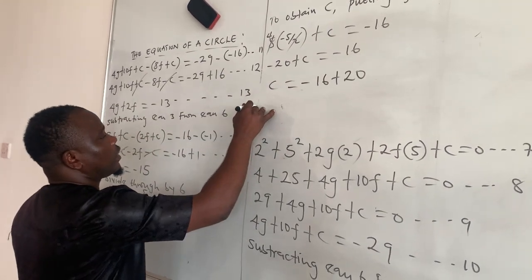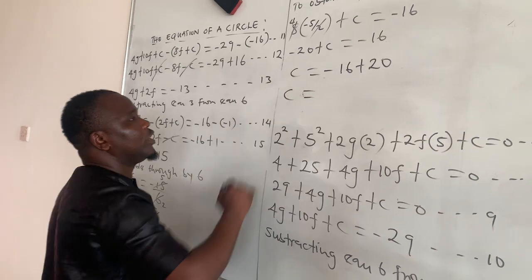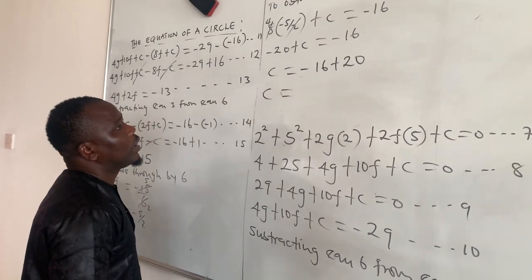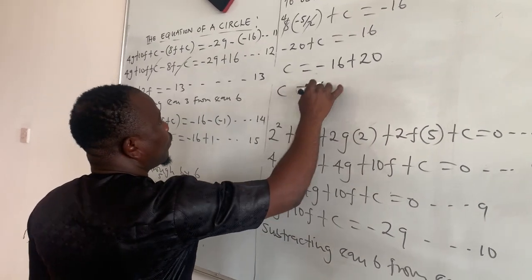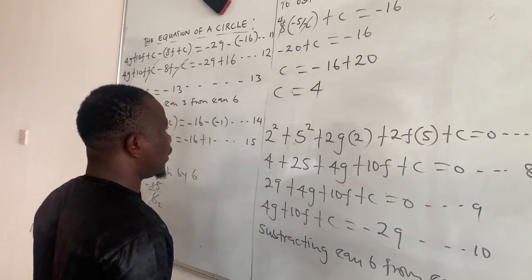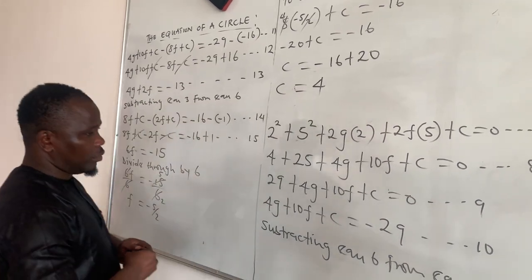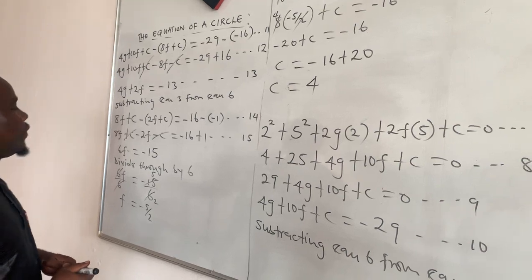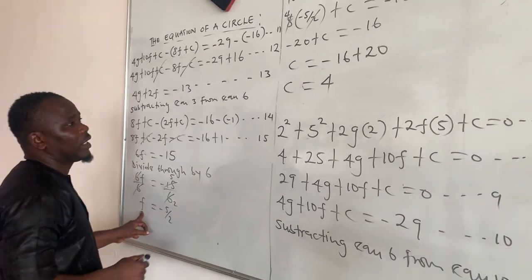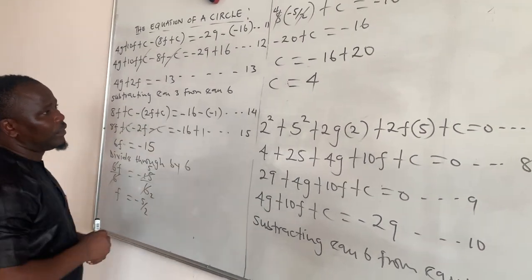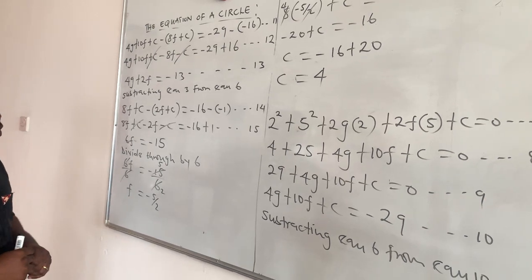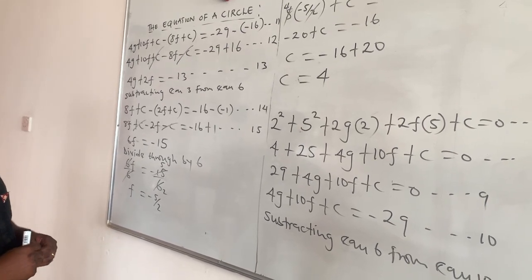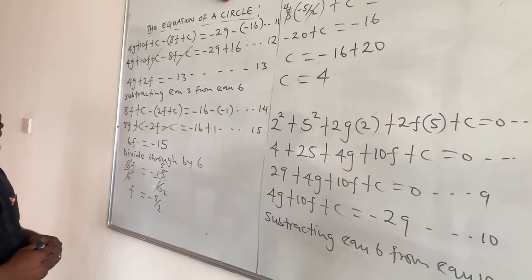So students, our c will be equals to what? Our c will be equals to plus 4. Is that clear? It means we are able to obtain the value of f and the value of c. What next is our g?